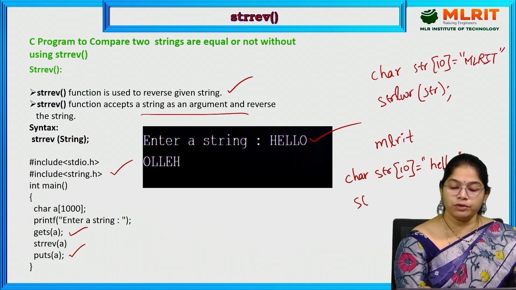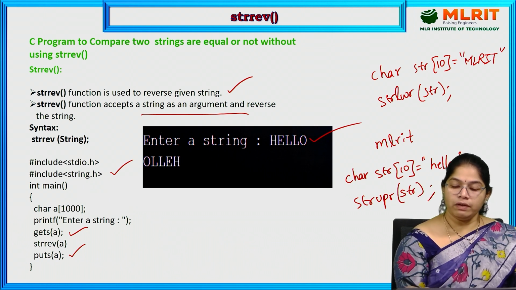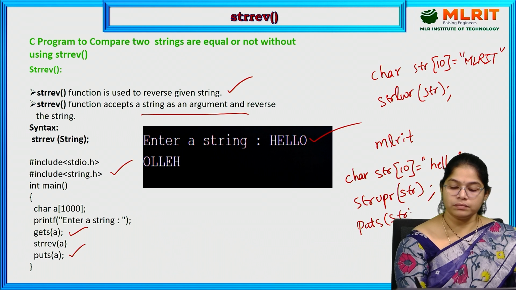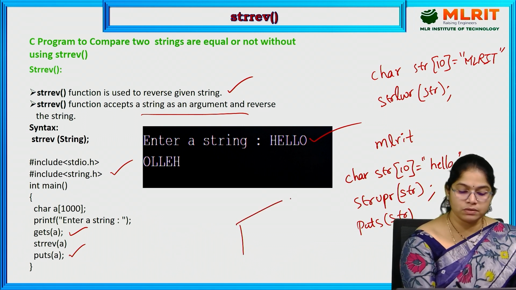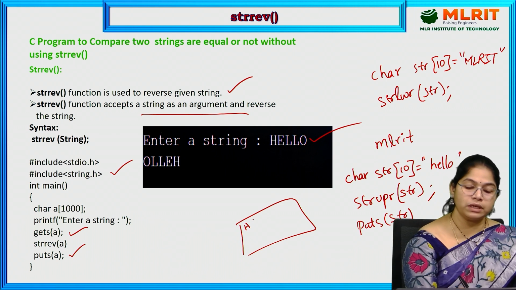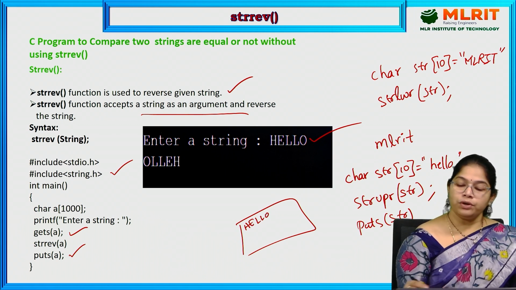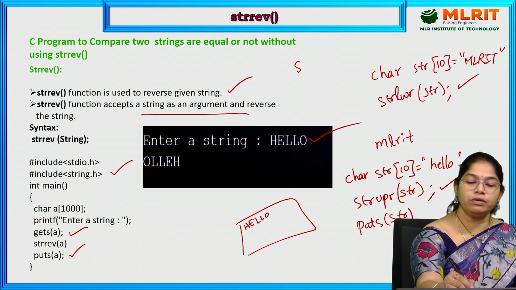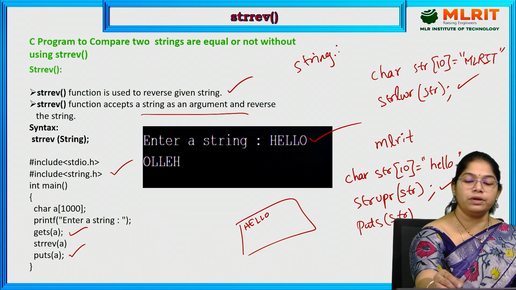Then we have to use the function called strupr, then the string name. Whenever we use this, I am using the puts function to print. Now it will print on the console. It will convert all the lowercase letters into uppercase, HELLO. To use these functions, we have to include the header file called string.h.